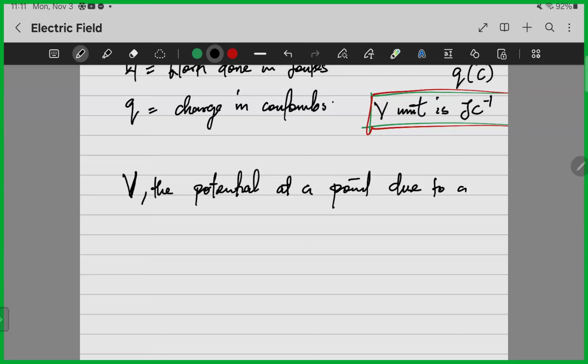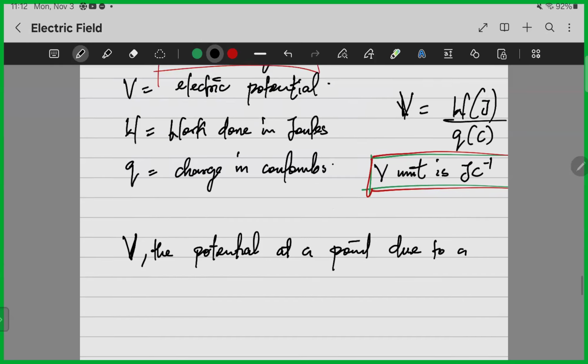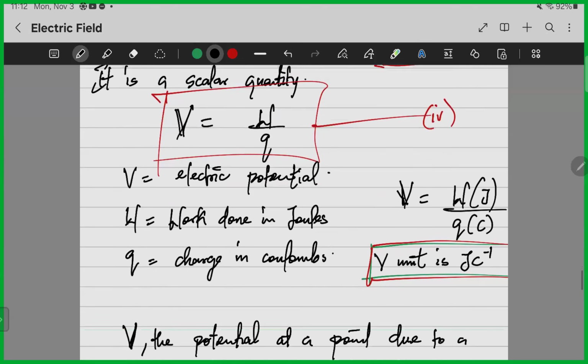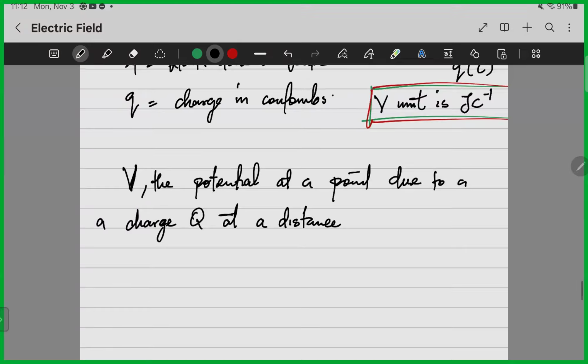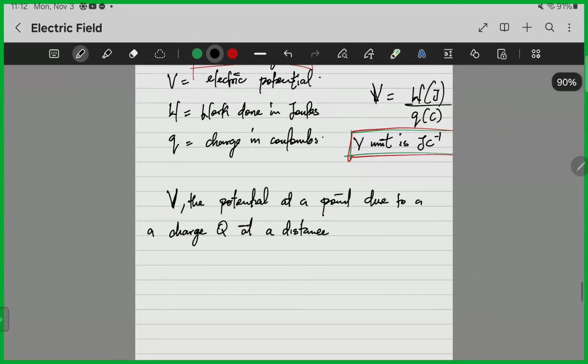So we want to give that formula now in terms of charge and radius. So the electric potential due to a charge Q at a distance, I want to state a variation of the formula. So this is for you to take note of now. The electric potential at the point due to a charge at a distance r from the charge.